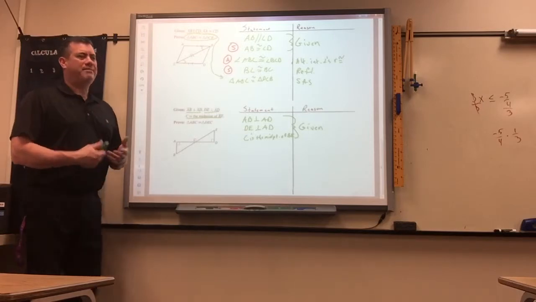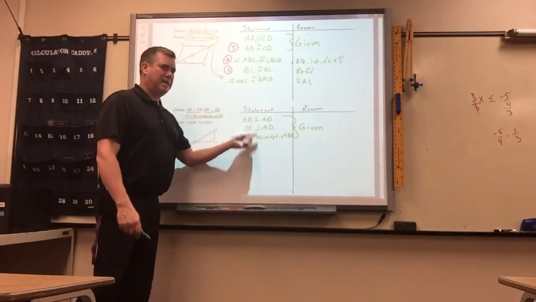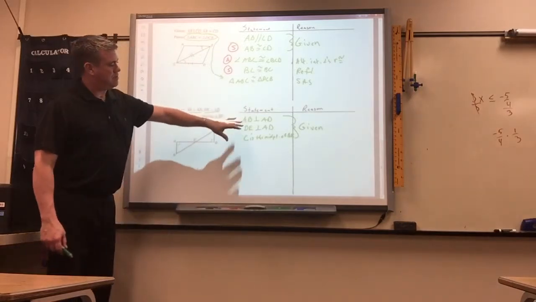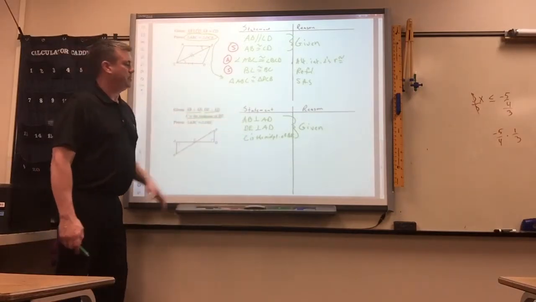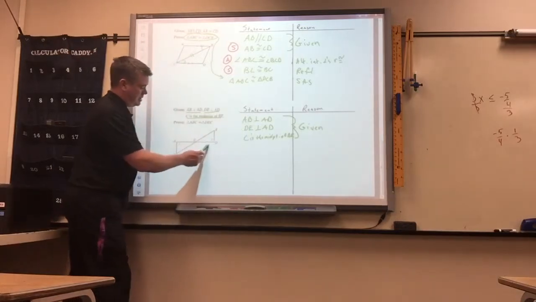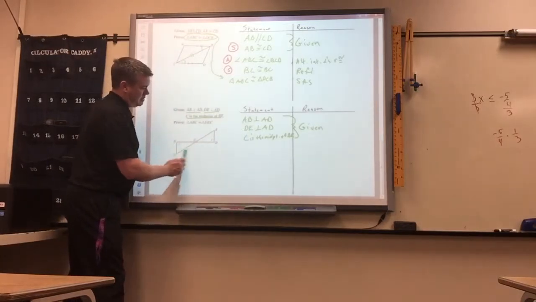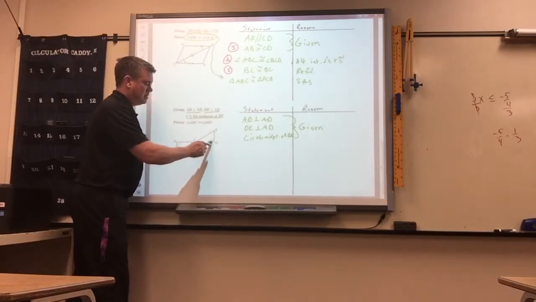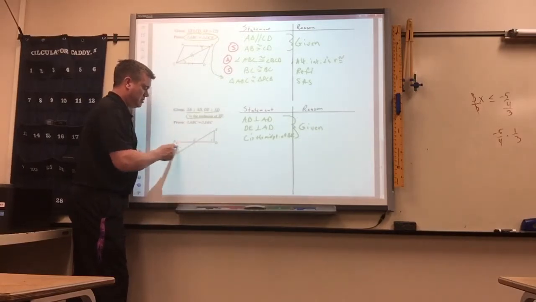So far, we don't have anything that helps us. We don't have any angles congruent or any sides equal. But this information tells us, since AB is perpendicular to AD and DE is perpendicular to AD, what do you know about those two angles?